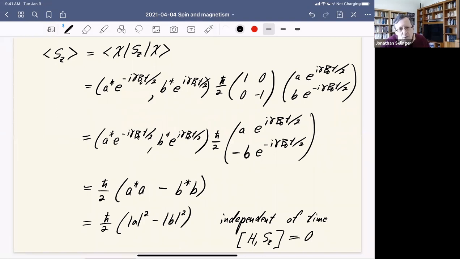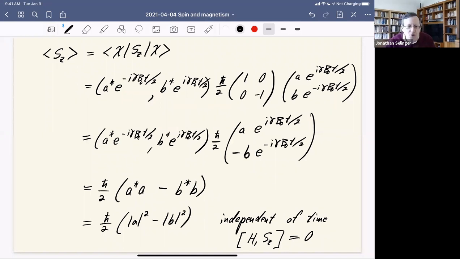The way an expectation value changes in time depends on the commutator of that operator with the Hamiltonian. We proved that in general. Here is a specific example of that being true. So that works with SZ.